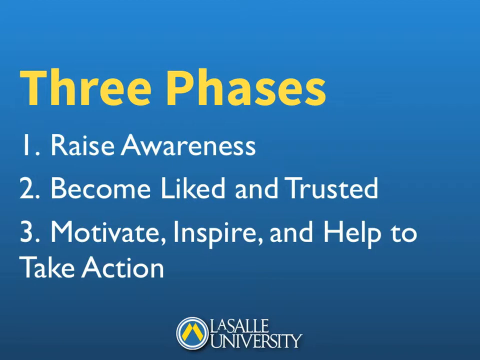So if the content campaign is all about inspiring people to take action, but people don't know who you are, or number 2, they might know of you, but you're not liked and you're not trusted, then people won't do that. So what we do is we roll out each of these three phases, and after you think that you've accomplished the goal of that phase, then you move on to the next one.